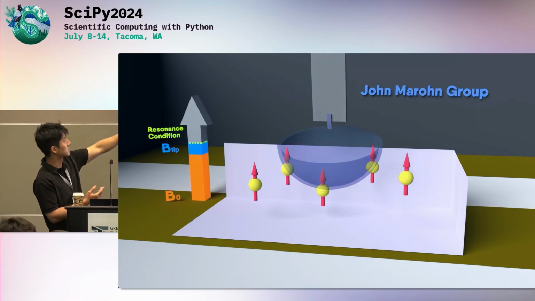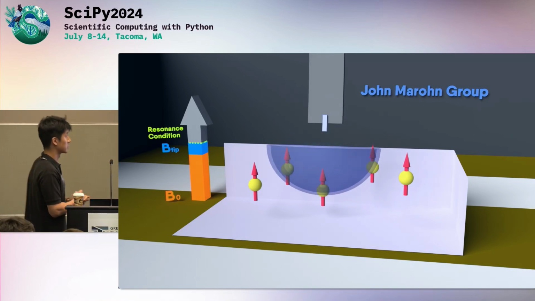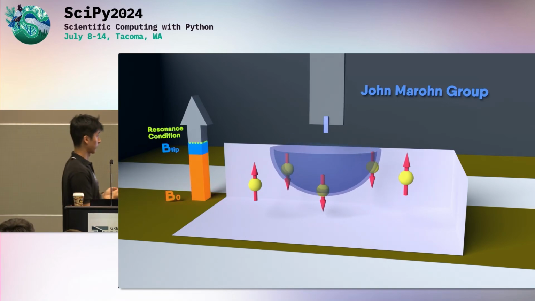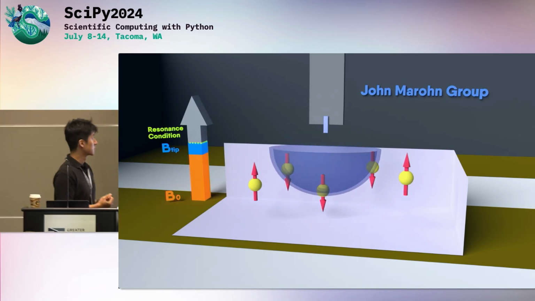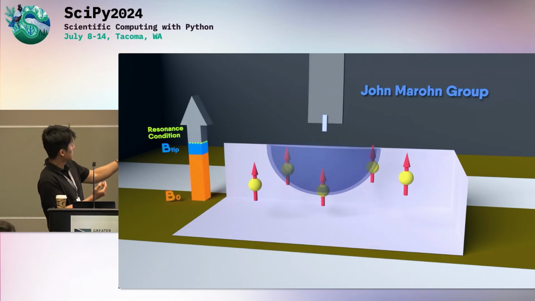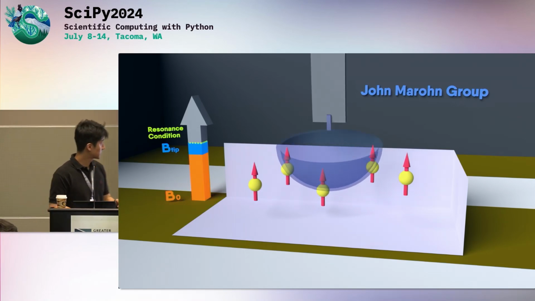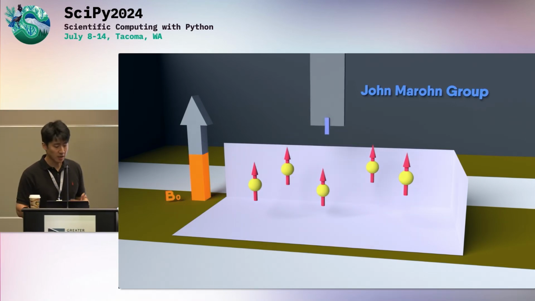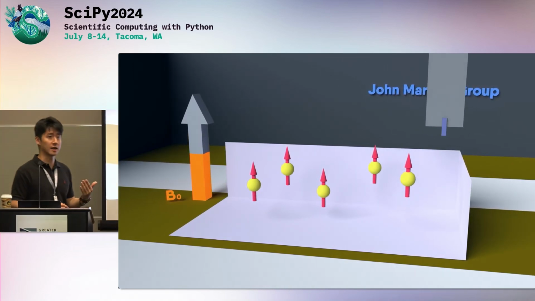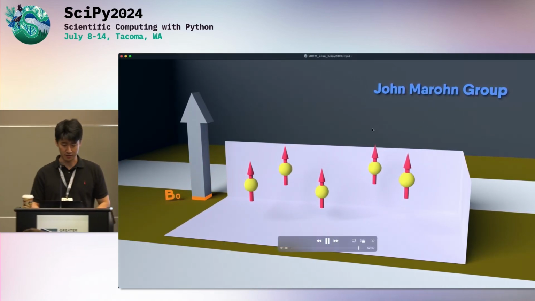If you notice the frequency of the cantilever, when the spin flips, the cantilever frequency changes. It will change back again when it's flipped back. This is how we isolate these spins and how we detect them through the cantilever frequency change.